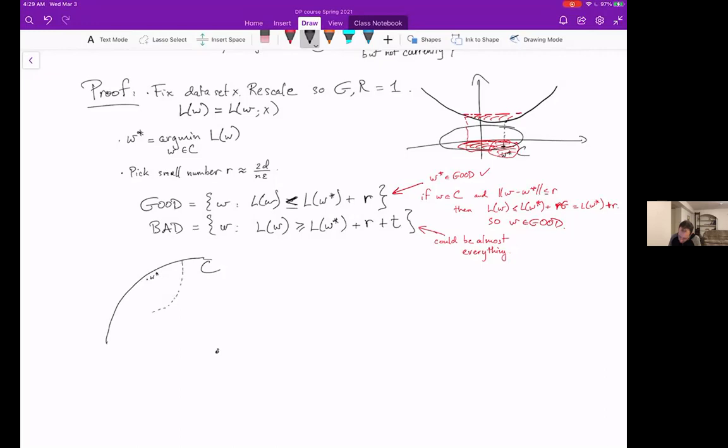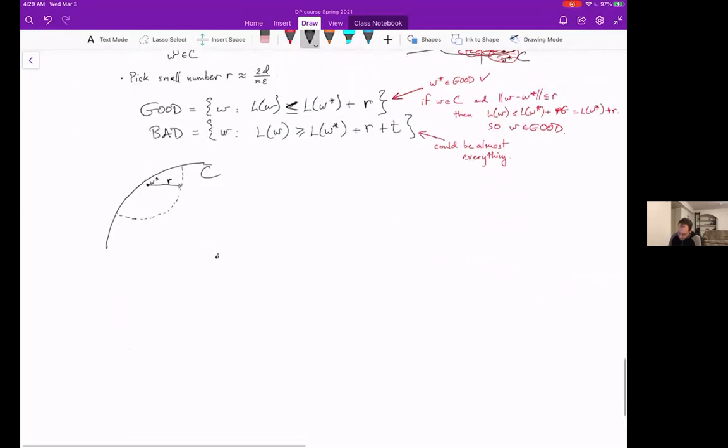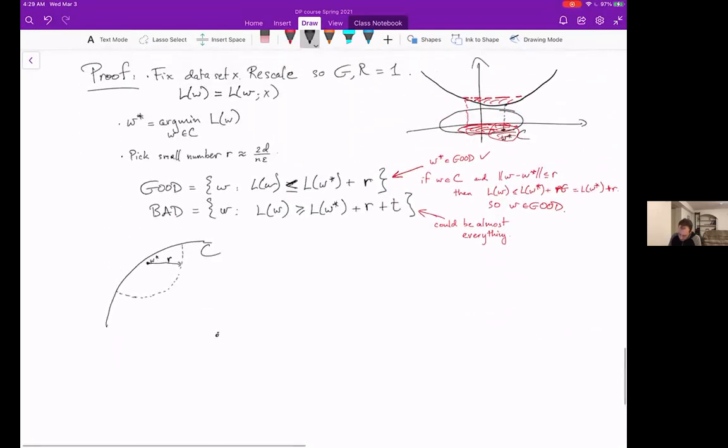And so I can look at the things within distance little r of W star. What I want to argue is that there's enough stuff in that ball of radius little r, the good set. Who knows what good itself looks like?